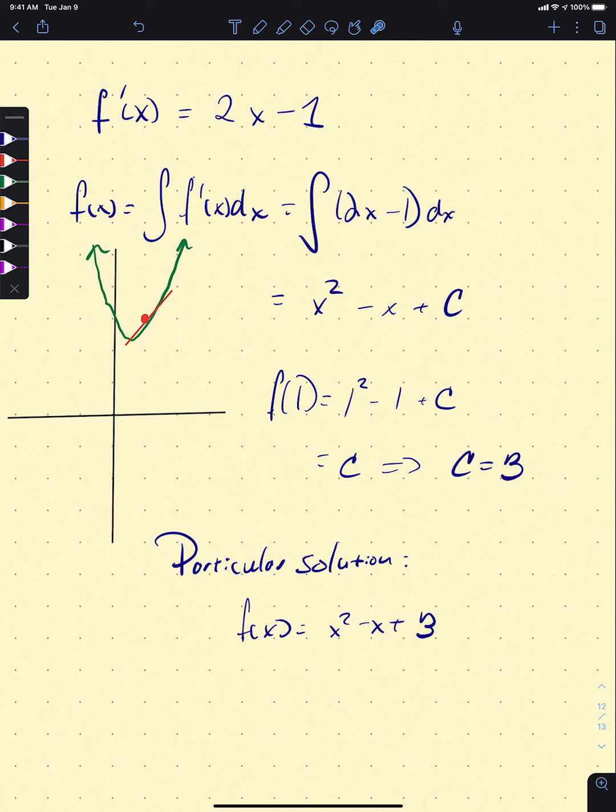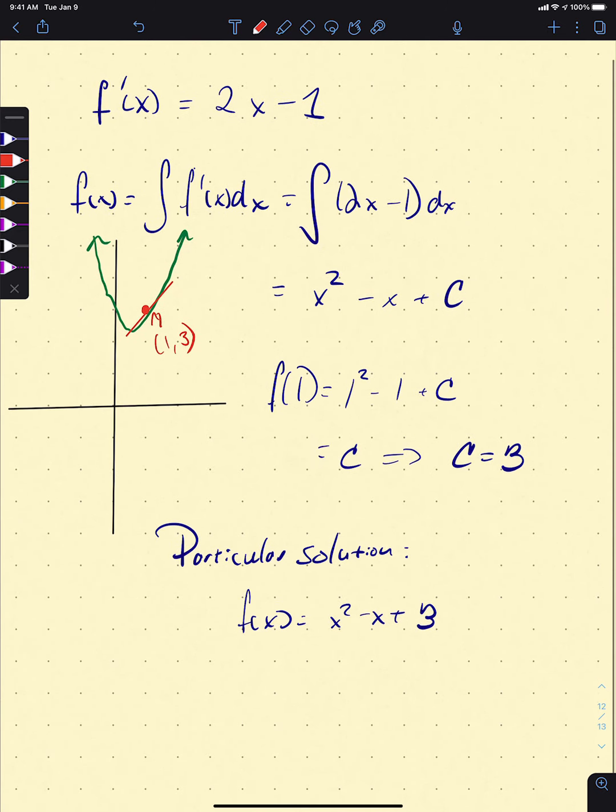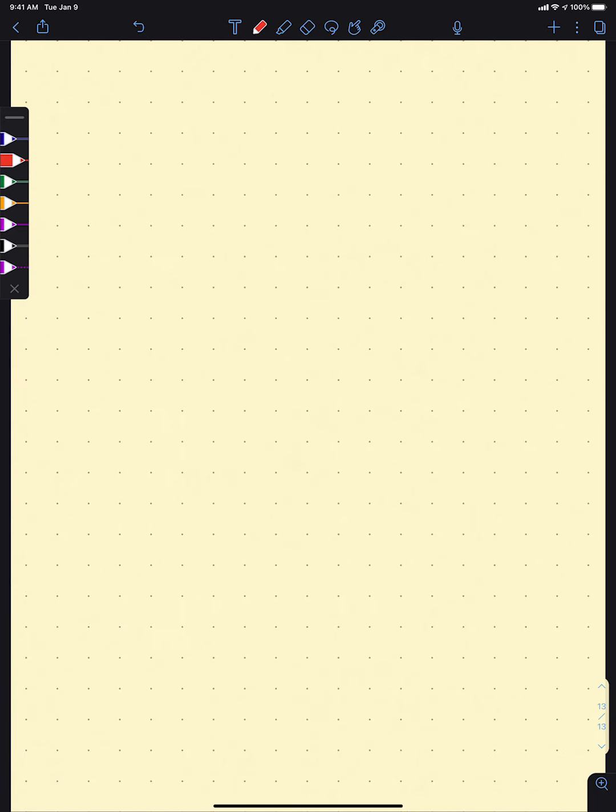But only one of them, our particular solution, satisfies or passes through this point. And again, I know that's a little bit not what we're used to. It's an example of something called an initial value problem.